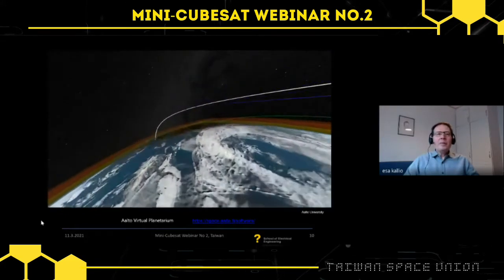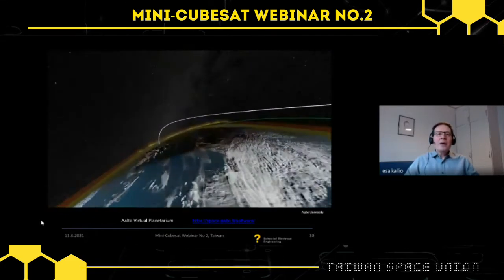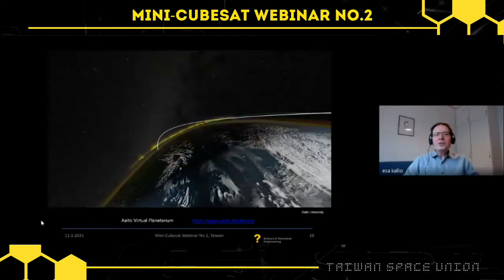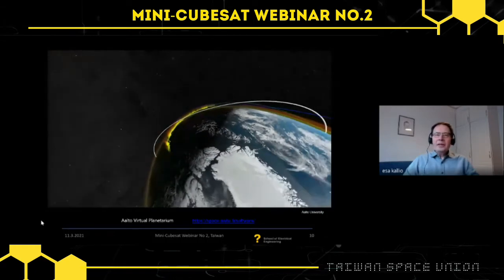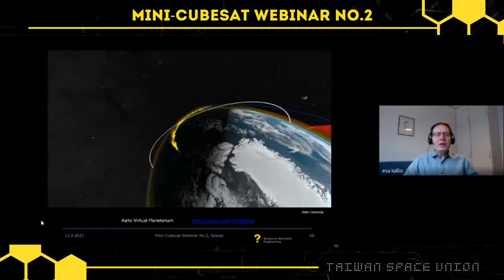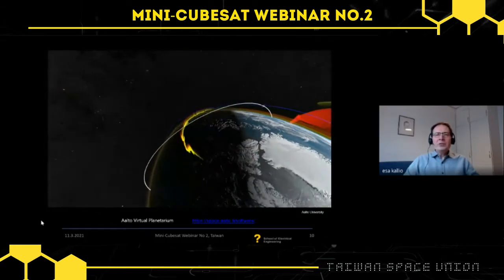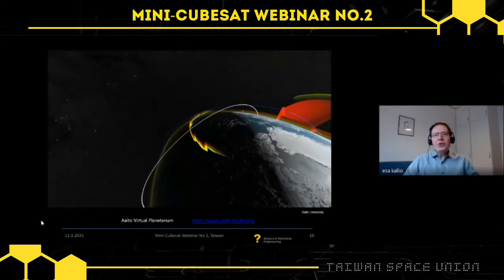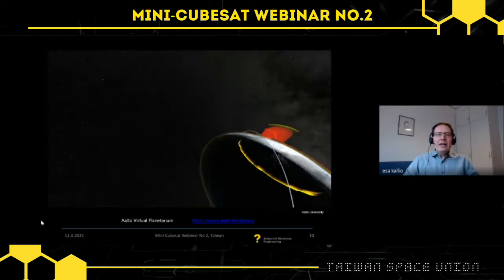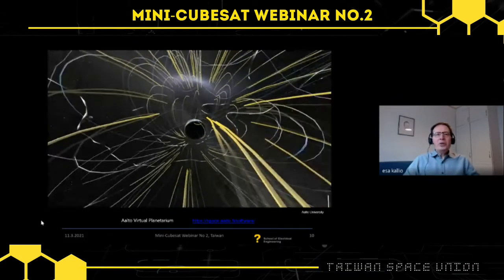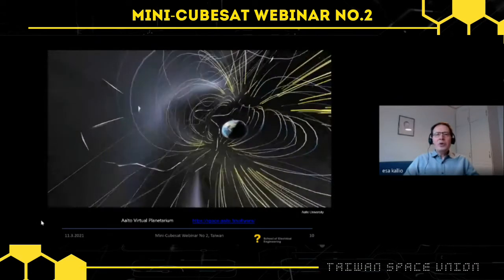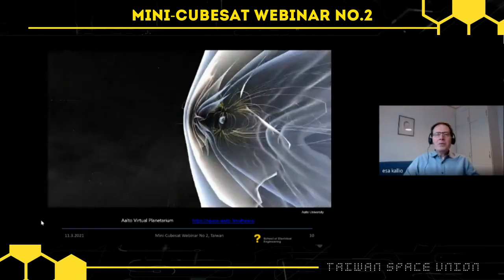Then we have a camera, and with the camera our main research goal is to take pictures of auroras. In general, as I mentioned, the goal with the camera and radio spectrometer is to understand near Earth space and do space weather research. What is happening around Earth in the magnetosphere?